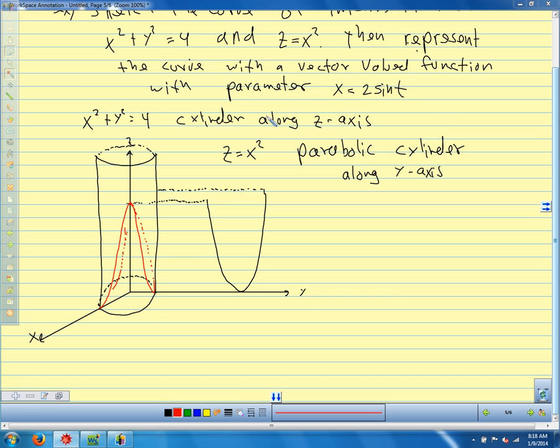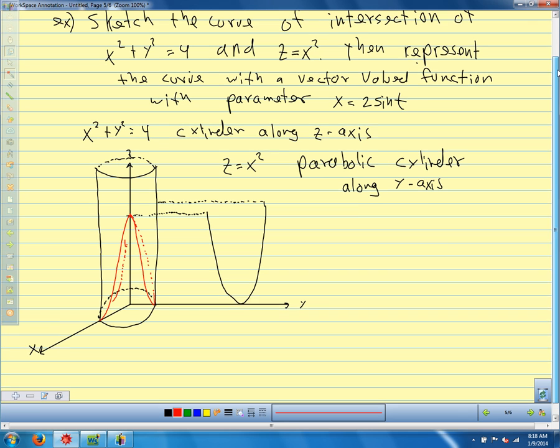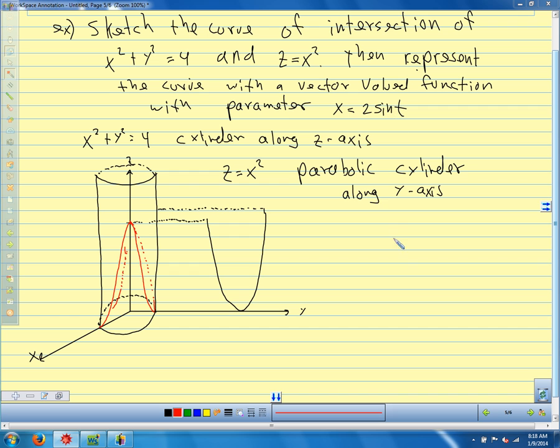All right, so now let's represent the curve with a vector valued function, and our parameters: x is 2 sine t. So if x is 2 sine t, we need x squared plus y squared equals 4.